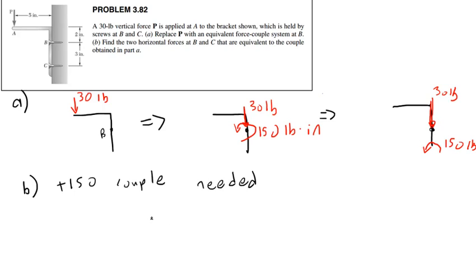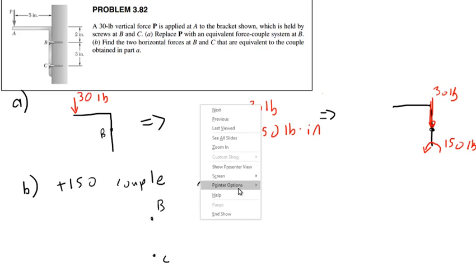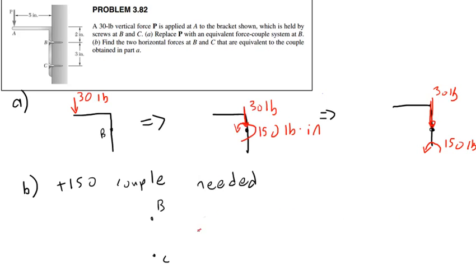So if we consider B and C, let's see. Now I don't want to resist this, I actually want to find an equivalent. So I have a 150-pound-inch couple, so I want this going in the same direction.